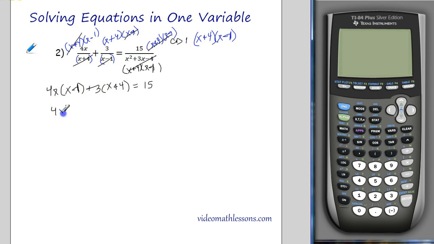So I get 4x squared minus 4x plus 3x plus 12 equals 15. Set this mess to 0 and clean it up. 4x squared, that's a minus x. And when I bring the 15 over, I get minus 3.